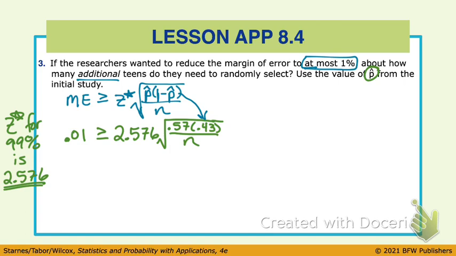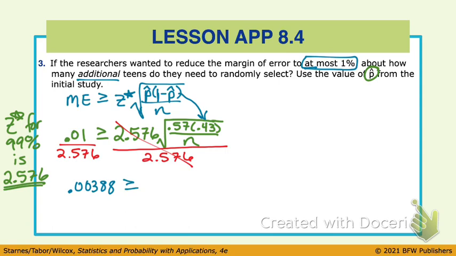So first step, we're going to divide both sides by the z-star critical value. Okay, and so we take 0.01 divided by 2.576, and we get 0.00388 is greater than or equal to the square root of, all right, I'm going to do another thing here in this step.